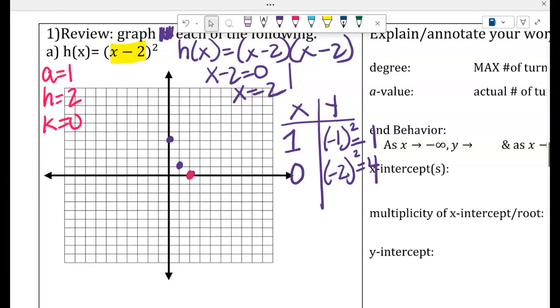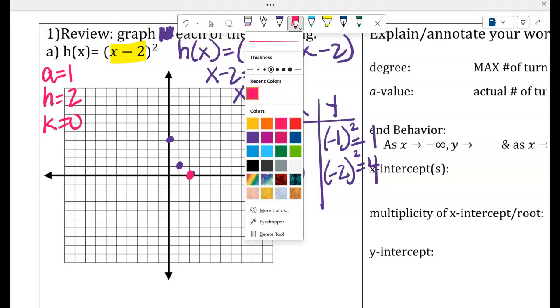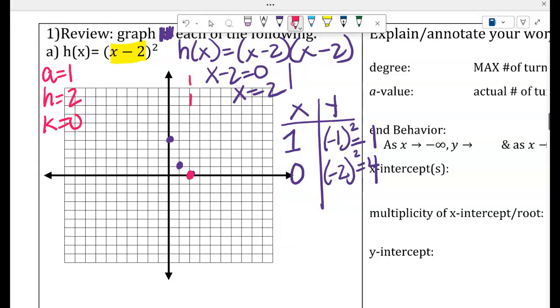And remember, since this is a degree of 2, we just need to reflect it over the axis of symmetry. So that will give us 5 points to make a nice quadratic since it is a degree of 2. Round it out, just like that.